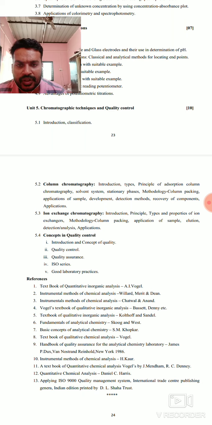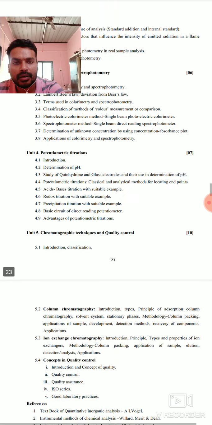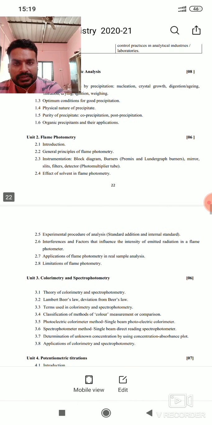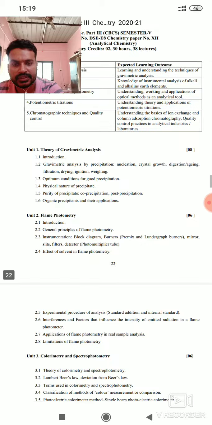What is meant by quality control, what is meant by quality assurance, what is meant by the ISO series, and what are the good laboratory practices. These points will be covered in this last topic, for which 10 lectures are allotted.